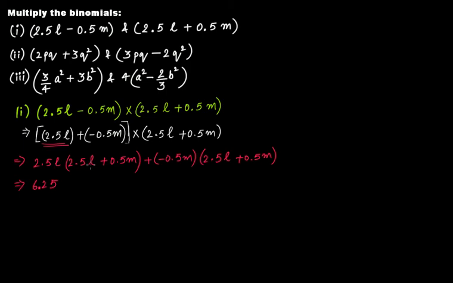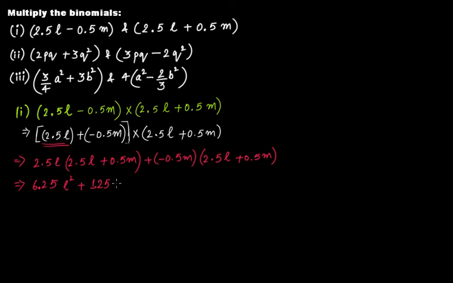L multiplied by L. First you will multiply the numbers together, and then you will multiply these similar variables together. So this is L squared plus 2.5 multiplied by 0.5. Now 25 multiplied by 5 is what? This is 125. So if you place the decimal, you will get 1.25.